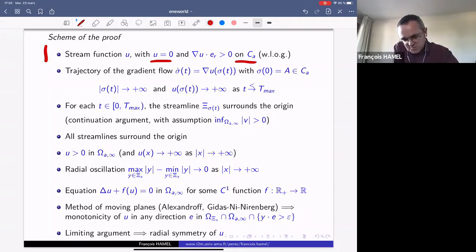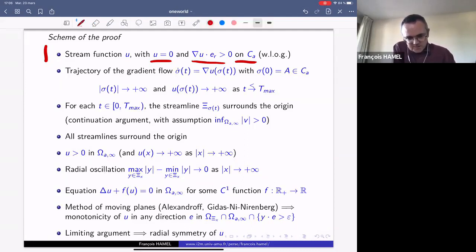And without loss of generality, we can also assume that the radial component of the gradient of u on CA is strictly positive. Okay. So remember that the flow has no stagnation point in the whole domain, in the closure of the domain. So the gradient of u doesn't vanish anywhere.